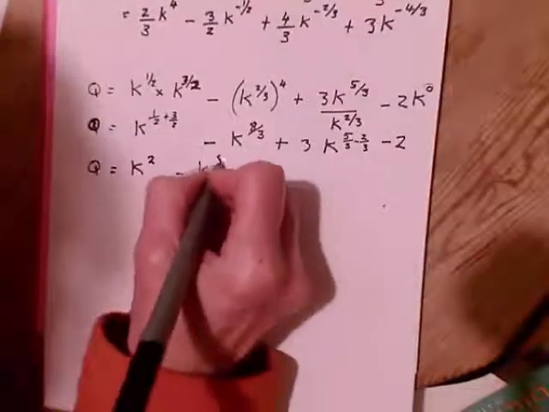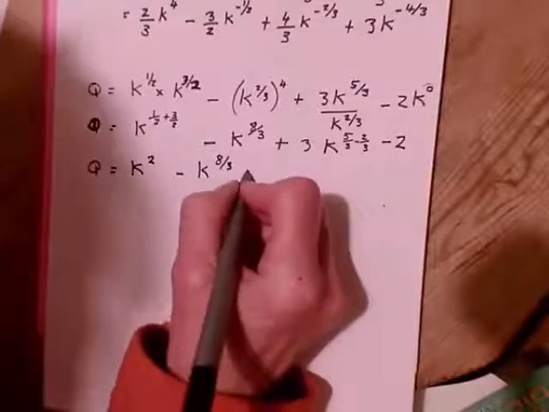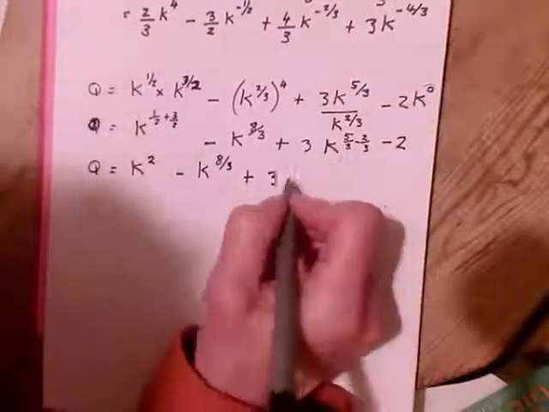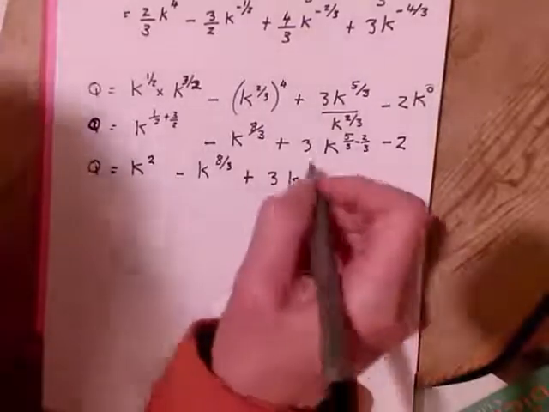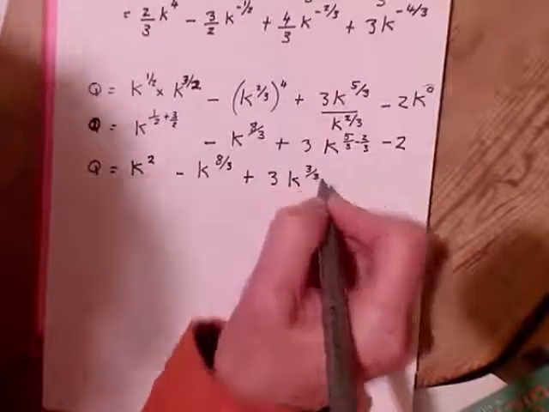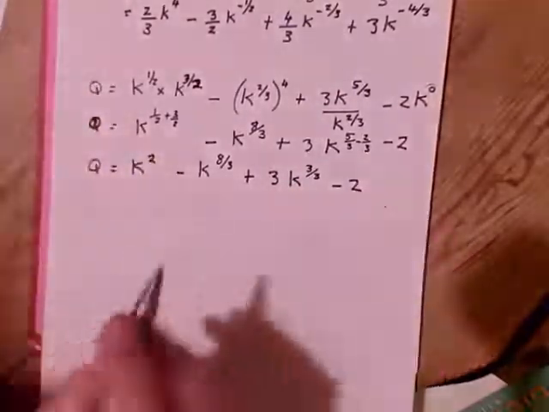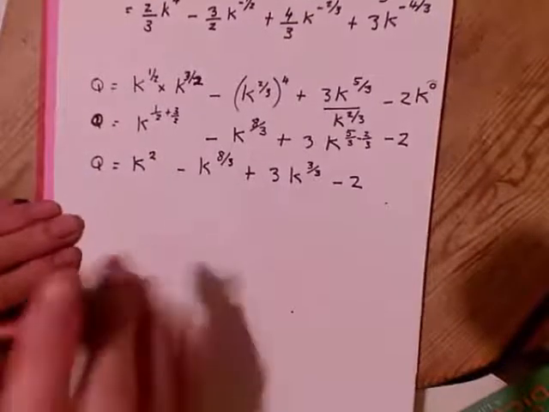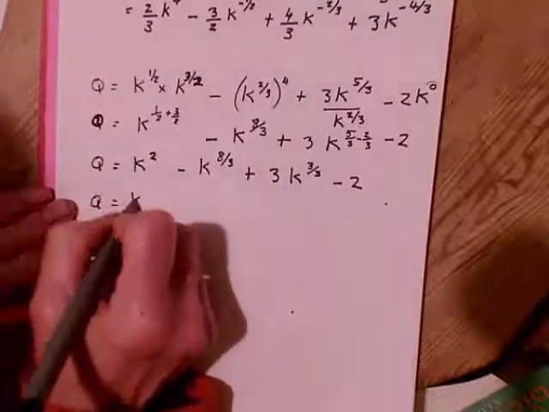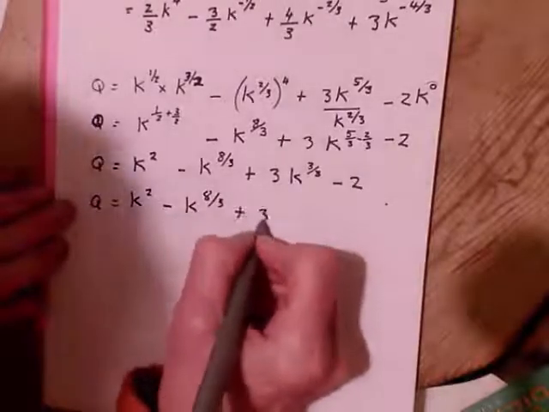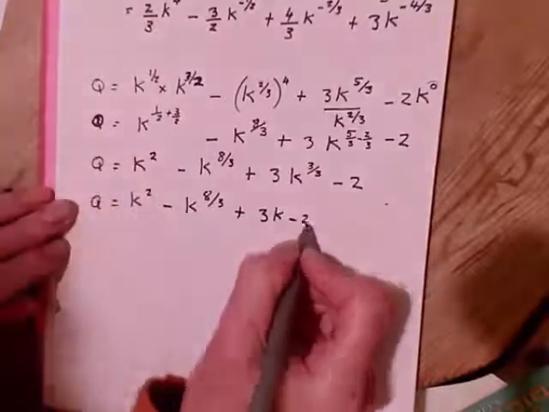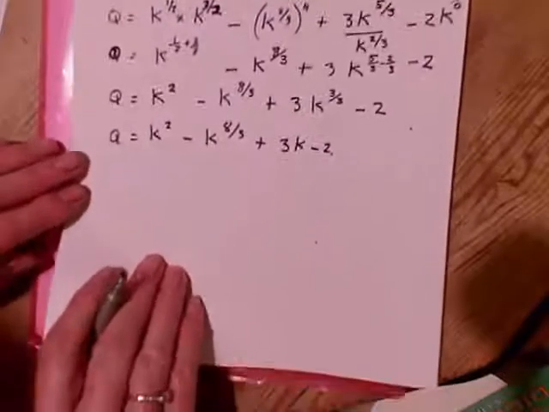Minus k 8 over 3 plus 3k, and now I have to subtract 2/3 from 5/3, so I'm going to get 3/3, and that's just 1. So we don't have to bother with that. In fact, we write that again, minus k 8 over 3 plus 3k minus 2, and now we're ready to differentiate.